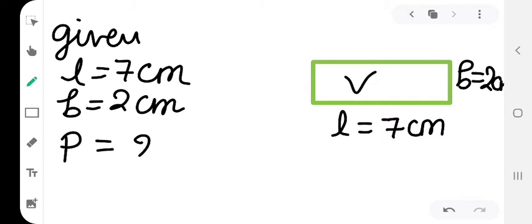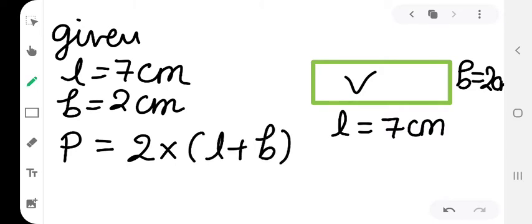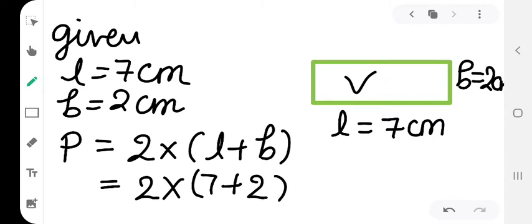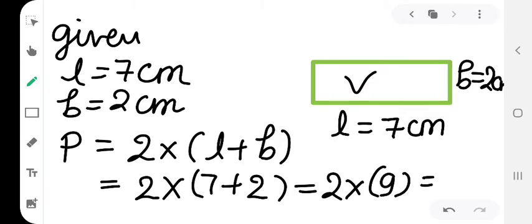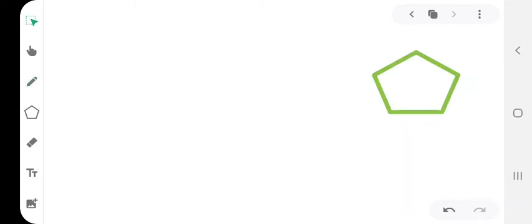The formula for perimeter is 2 into (L plus B). Put the values in the formula. 2 into (7 plus 2), which is 2 into 9, 2 times 9 is 18 centimeter. So the perimeter is 18 centimeter.